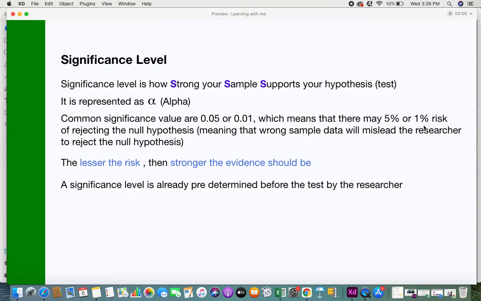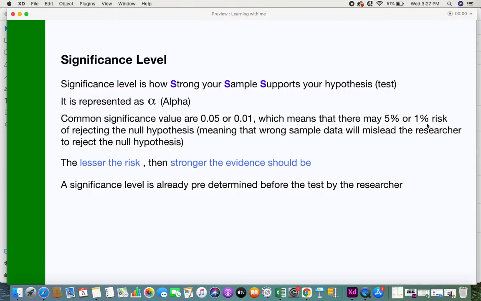There is a risk that your sample and your entire analysis might lead to a negative outcome of rejecting the null hypothesis. Sometimes your null hypothesis may be true, but because of some incorrect data that was collected or incorrect decisions made, the null hypothesis, the truth, might be rejected. That's why they say there will be a 5% or 1% risk.